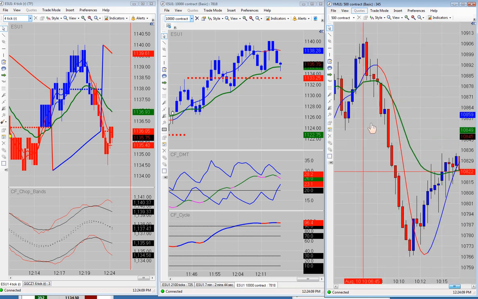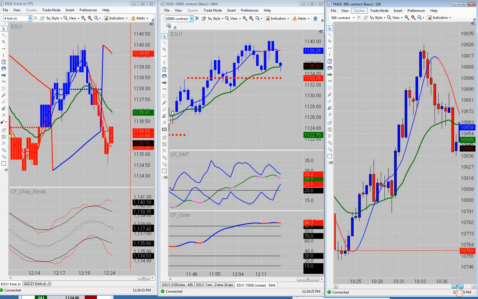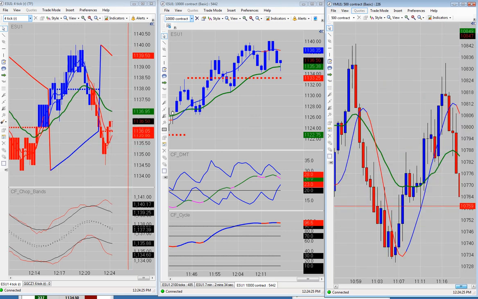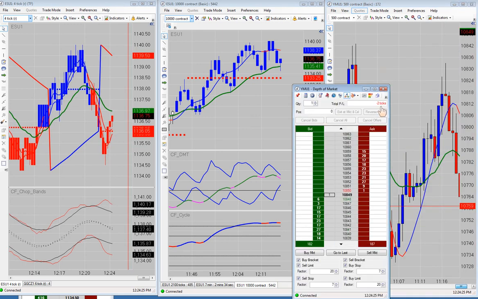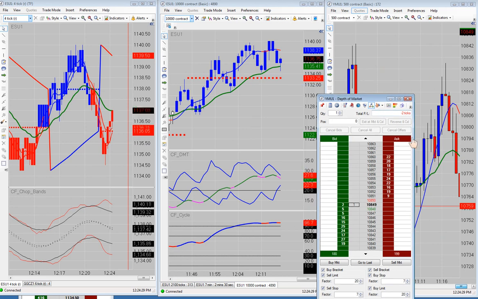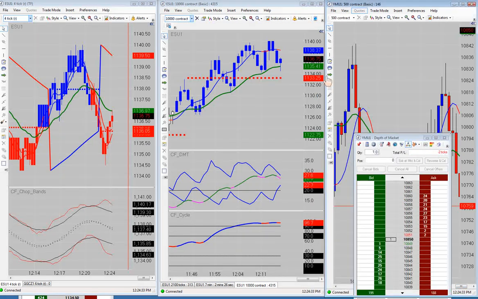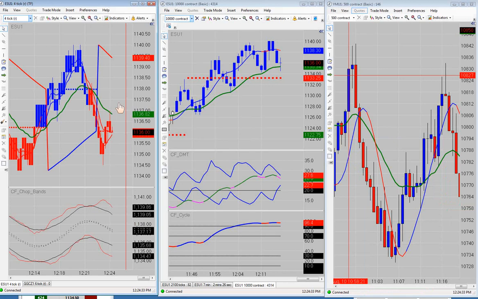Then another one over here, I took another one that stopped me out for 7 ticks, and then another one stopped me out for 7 or 8 ticks, and that's how I ended up with -2 on the YM. And that was the morning so far.